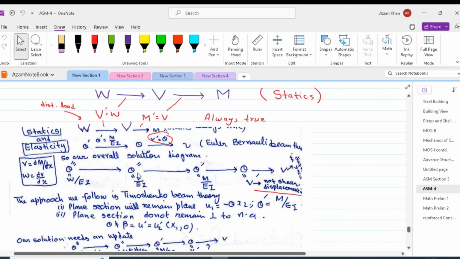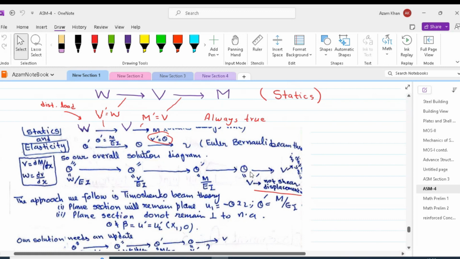We can draw the solution diagram as shown over here. If we have theta triple prime, we can integrate that and get theta double prime. We can integrate that further and get theta prime, and integrate that again and we will get theta.